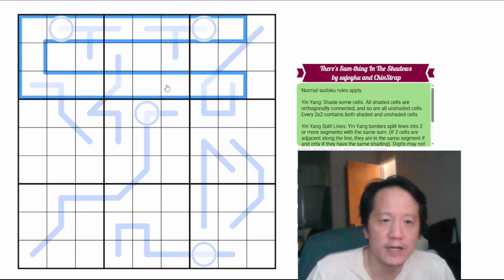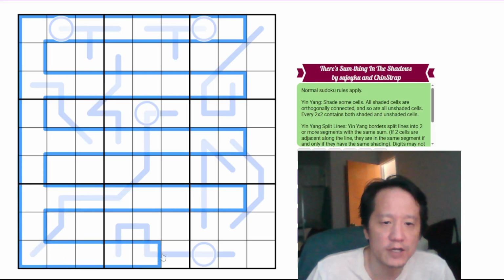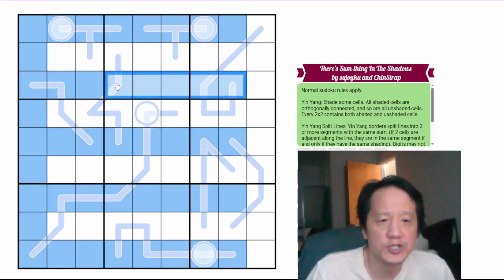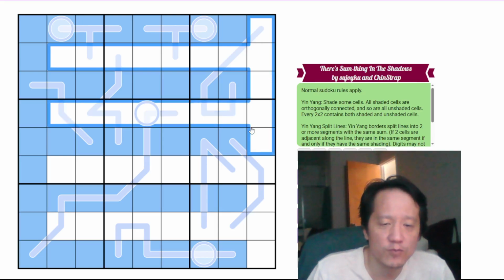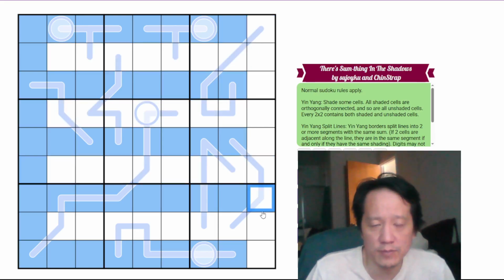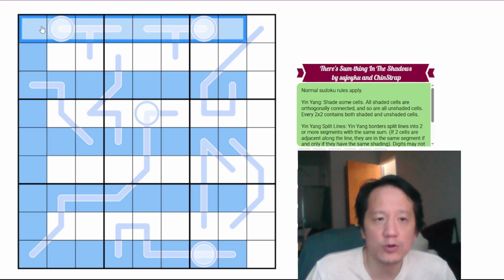So as an example, we could use this as an example of shaded and unshaded. So this would be shaded, and the unshaded would be essentially like this.